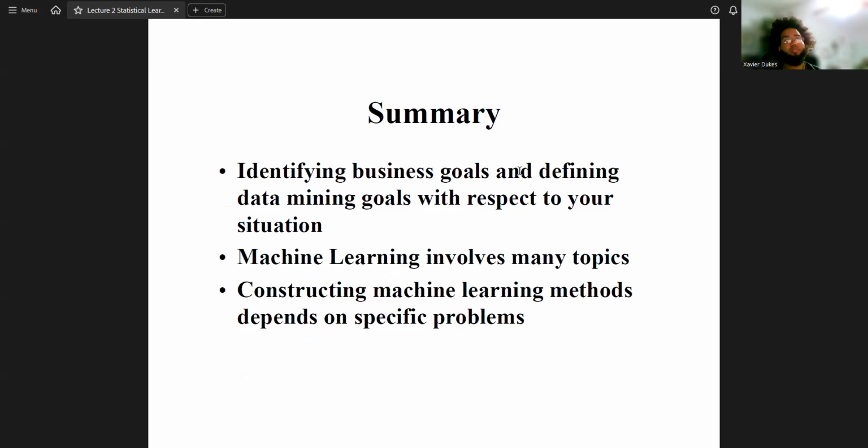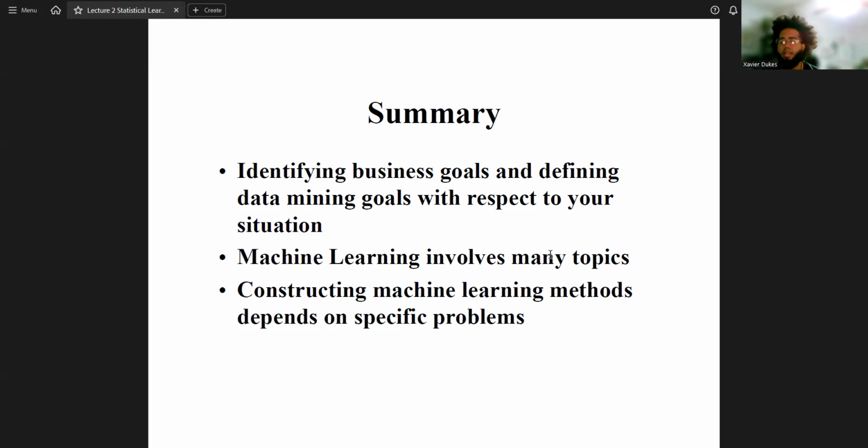So in summary, identifying business goals and defining data mining goals with respect to your situation is key. Machine learning involves many topics and domain fields that we can converse with experts in. You can find a flavor, problem, or industry that not only aligns with your coding, AI, and computer science goals, but also one that you have a vested interest in, such as the biomedical domain, or if you're into chemical engineering, you could do AI for some automation practices at chemical plants and oil refineries.